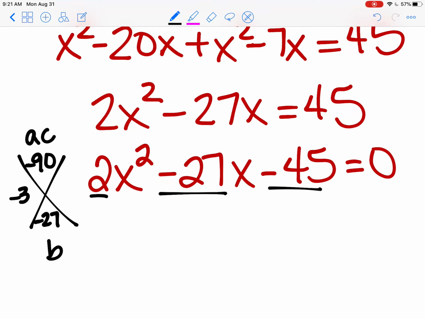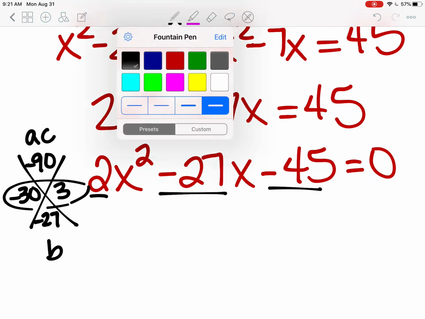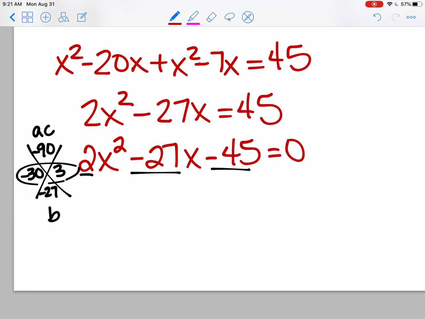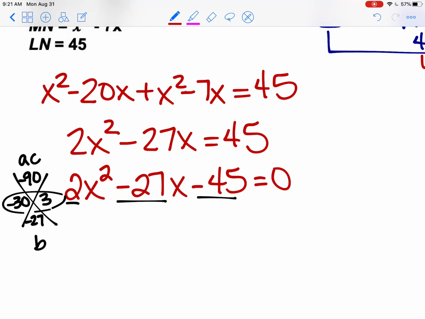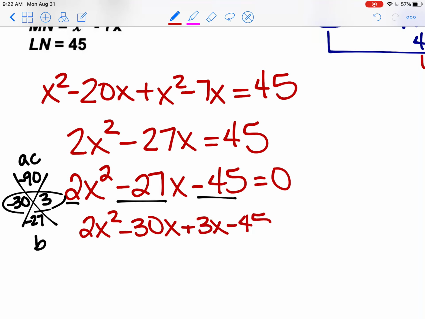So we can see here negative 30 and positive 3 is going to give us both of those values. So let's expand our equation out and say 2x squared minus 30x plus 3x minus 45 equals 0. So I just took the negative 27 and split it into the two pieces.